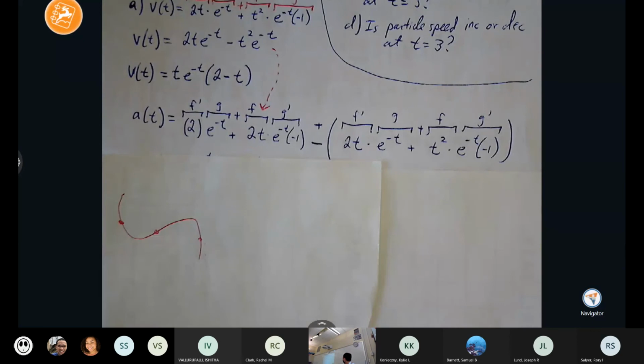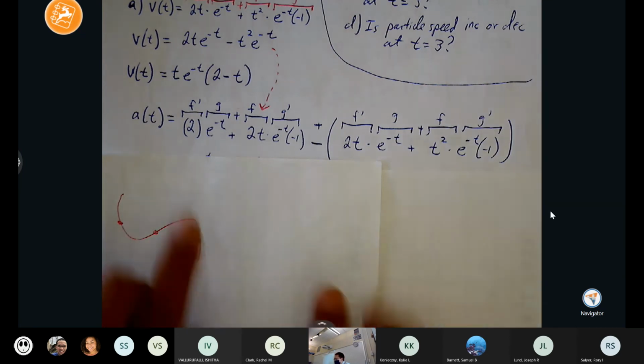Yeah, it's a little bit more extensive because of that. Combine some like terms there.